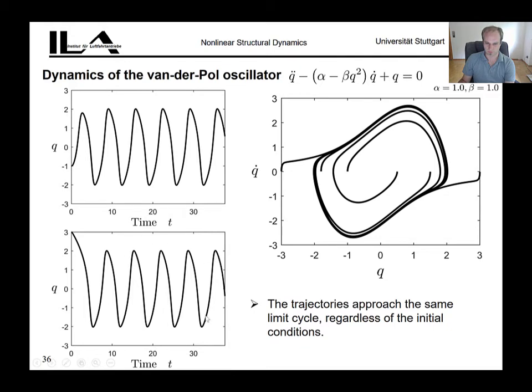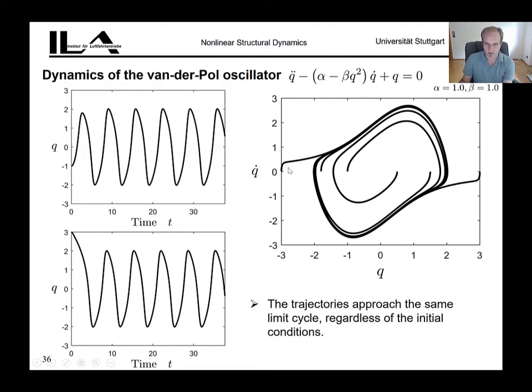And this is periodic, so it has a certain amplitude, and that will then go on forever. And it is nice to see this also as trajectory in the state space, so the phase plane.